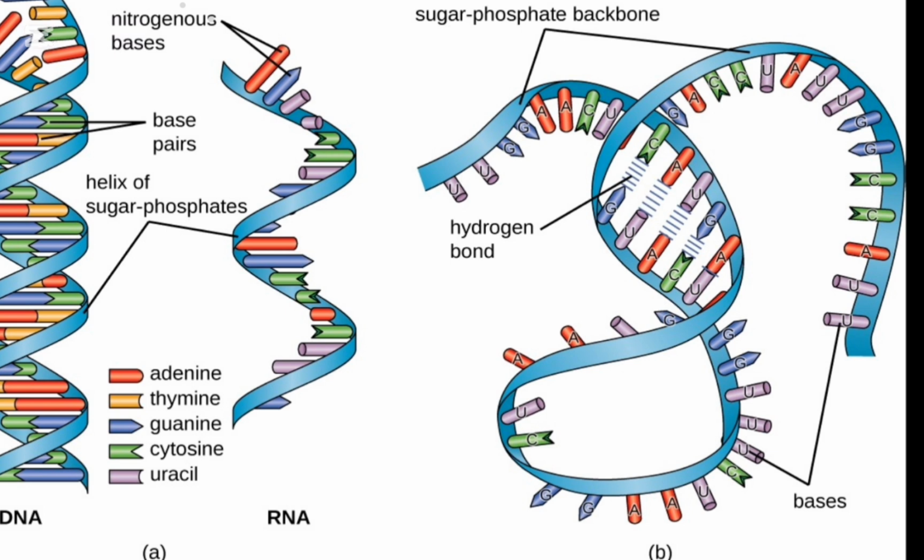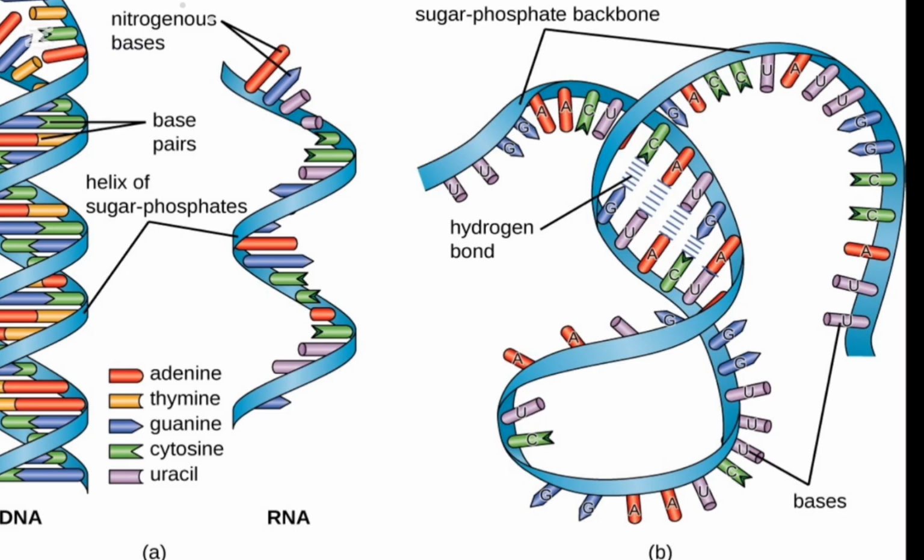When you look at this diagram properly, you can see that uracil, the purple, pairs with adenine, the red. So you can still see that this is a single strand, further emphasizing that this only occurs in RNA. It's a single strand.